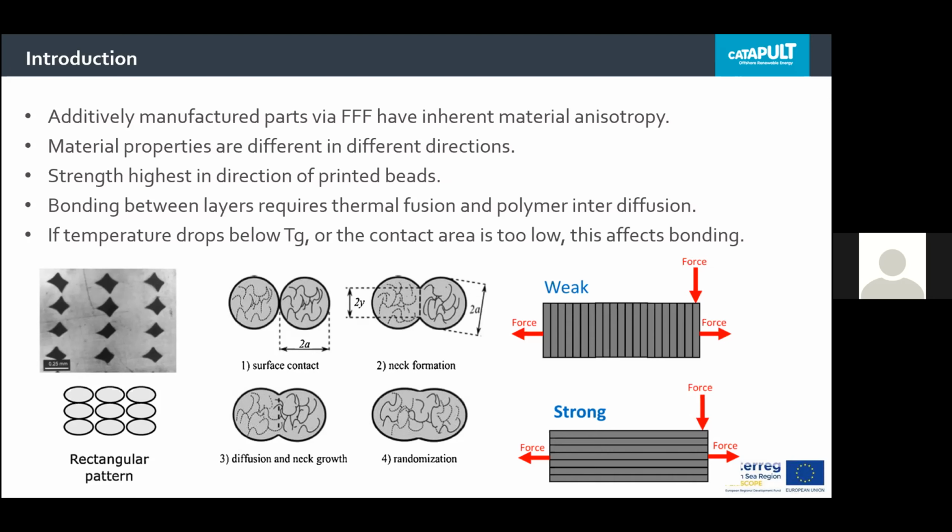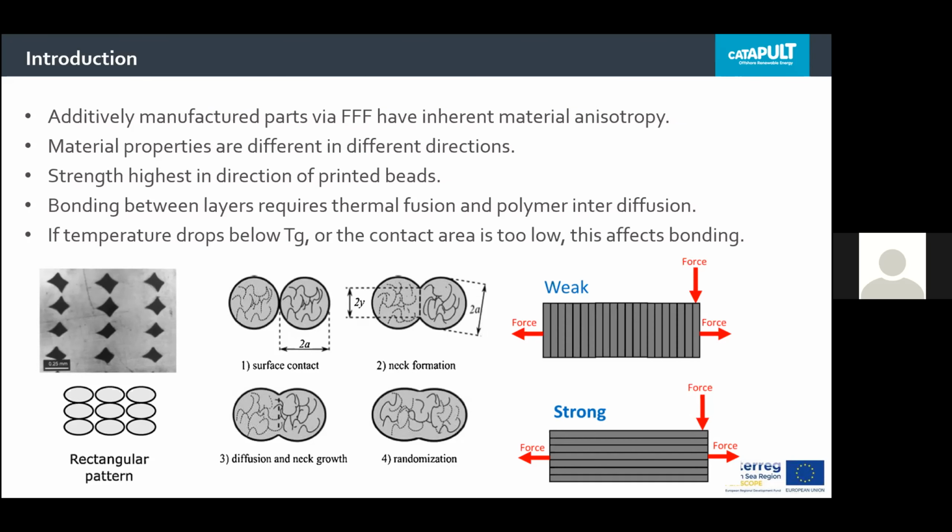So effectively, the material properties are going to be stronger along the direction of the beads. And so effectively, you have the strength being highest in the direction of the beads and the lowest transverse to the direction of the printed beads.